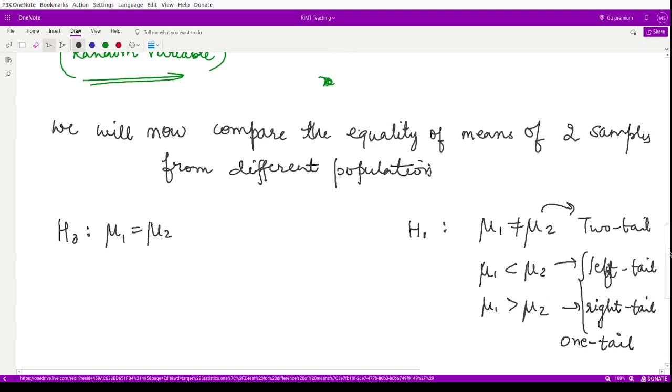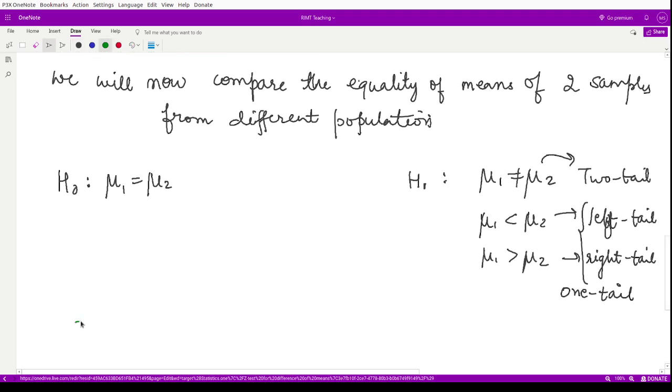According to this, what would be your Z statistic? What would be the value of Z here? You know your variable of the sample is x1 bar minus x2 bar, minus the difference of the means of the populations, mu1 minus mu2.